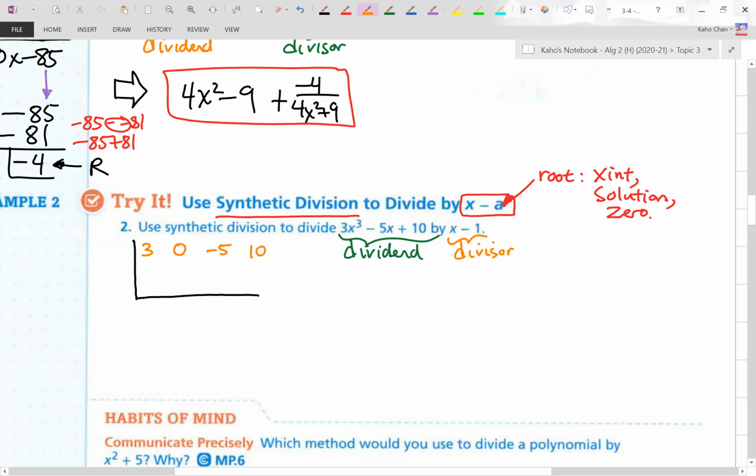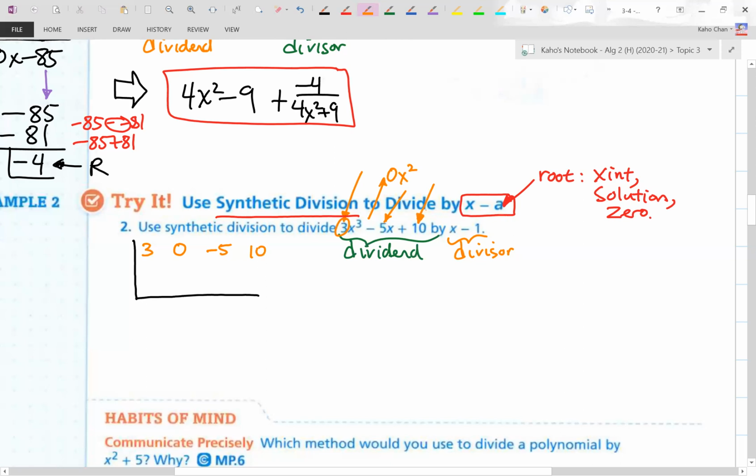Now you see where the 3 comes from. It's in front of the largest term there. The 0 comes from a missing x squared. The -5, of course, is right there for my next coefficient, and the 10 is the last coefficient or constant. So you've got to put them all there.